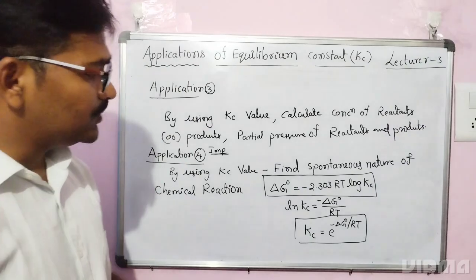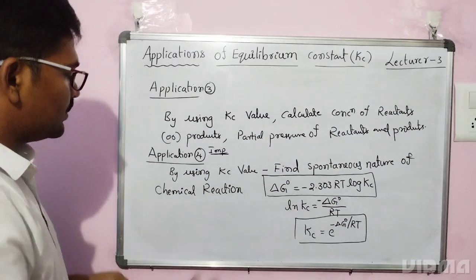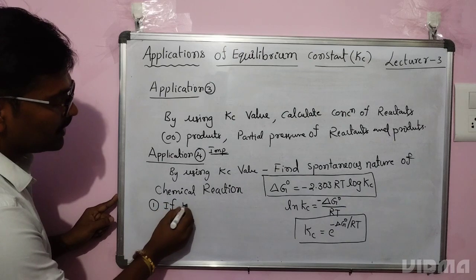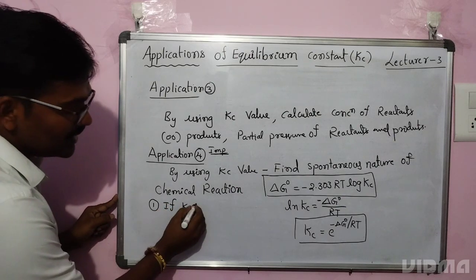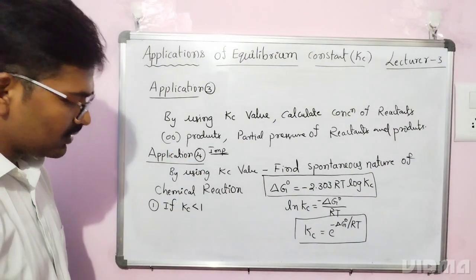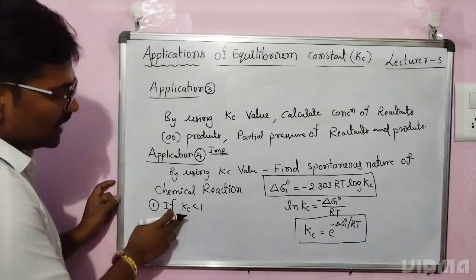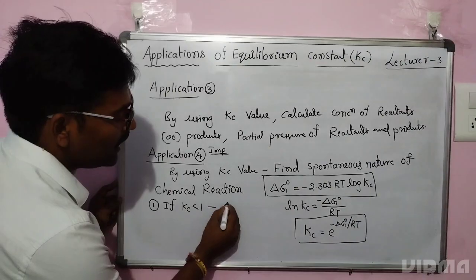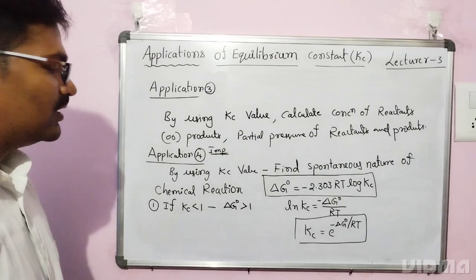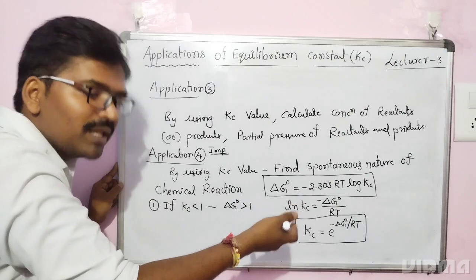Then based on the Kc value and the delta G value, we can say how to determine the nature. First, if the Kc value is less than 1, delta G naught is a positive value.